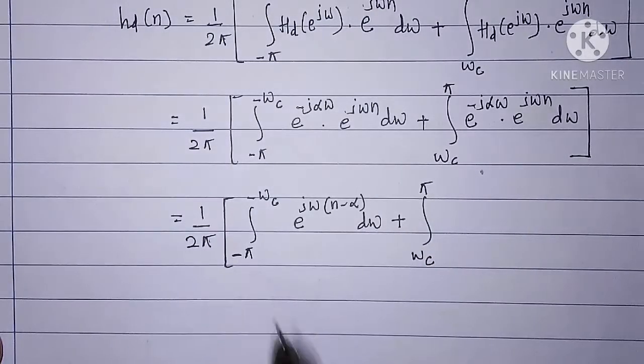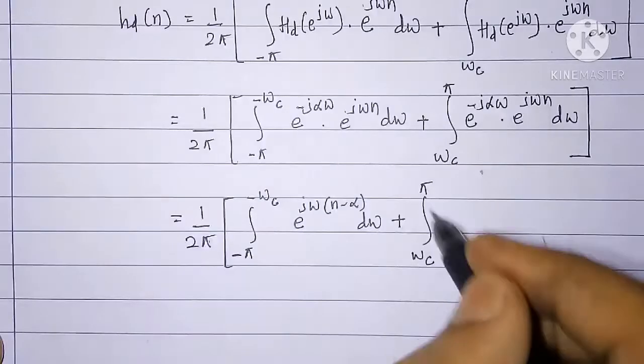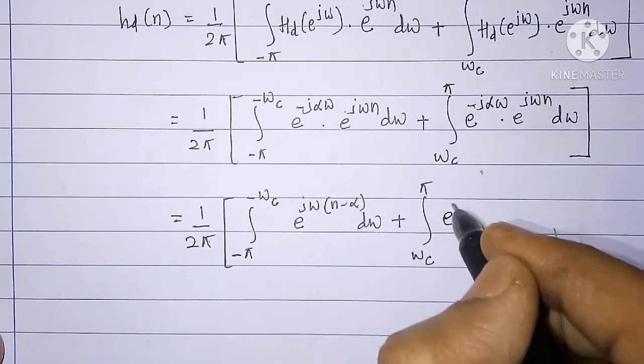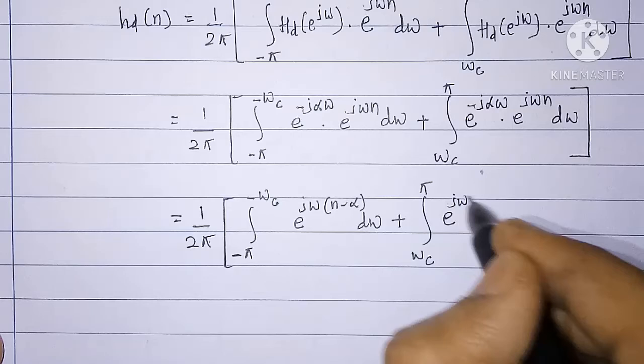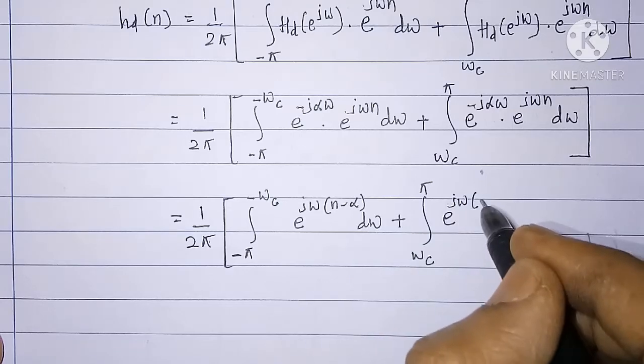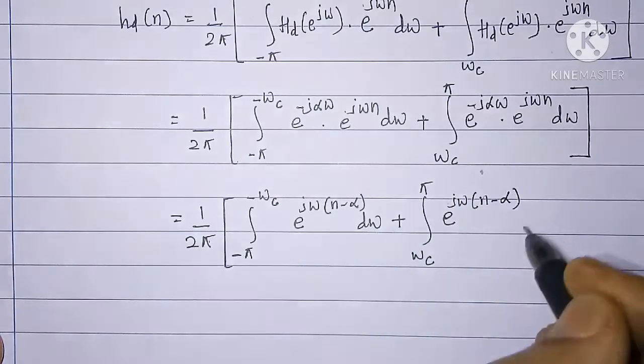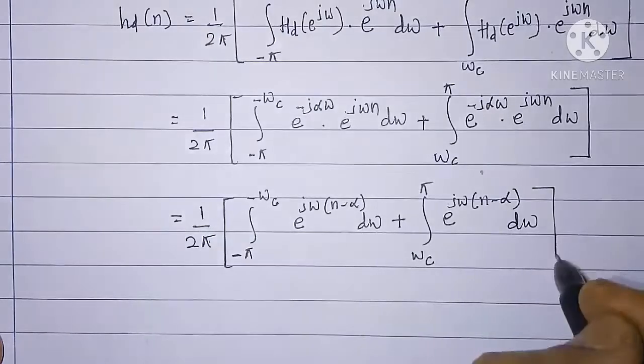Here I have to make it minus, please correct it, e raised to j omega into the bracket n minus alpha d omega.